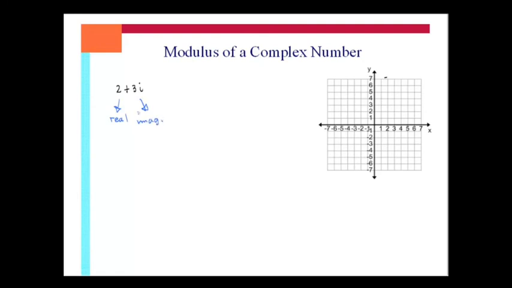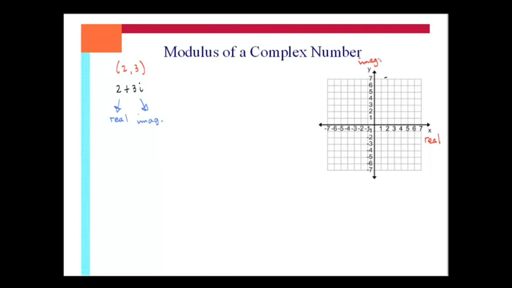Just as we can represent the ordered pair 2, 3 on a coordinate axis system, we can represent a complex number on a coordinate axis system. We will let the x-axis represent the real part of the number, and the y-axis will represent the imaginary part.